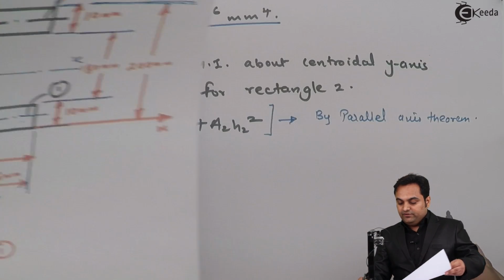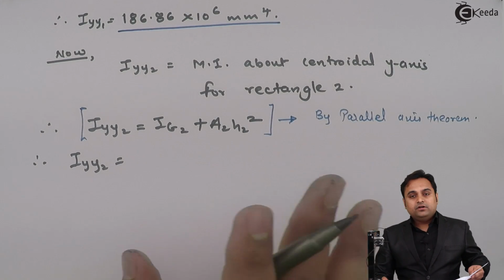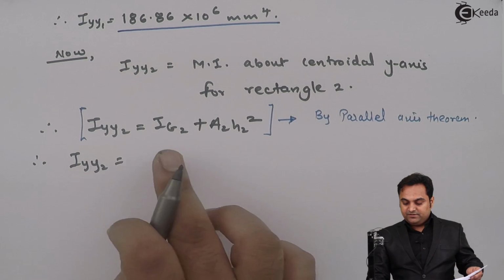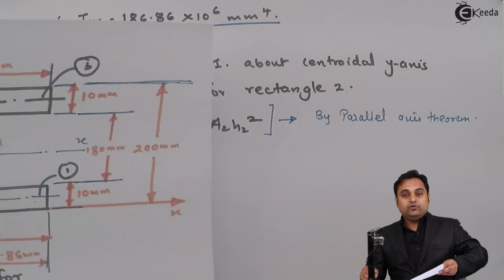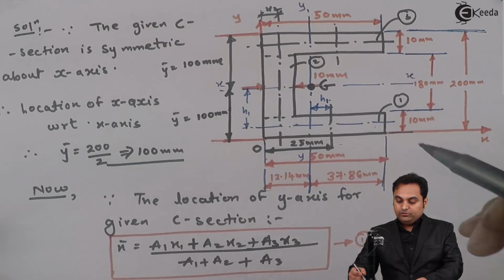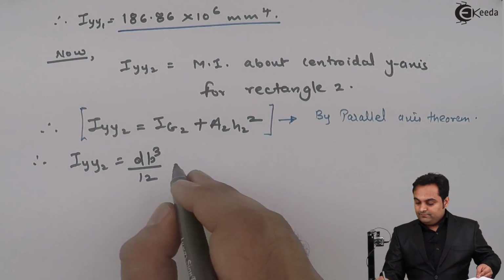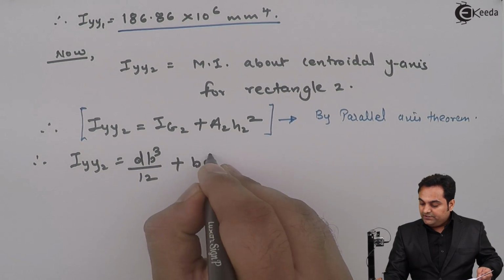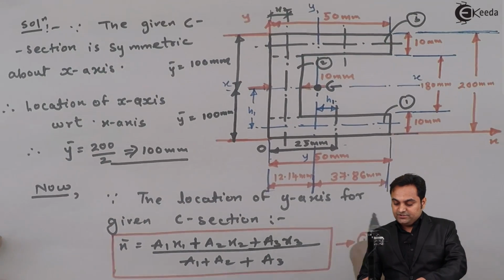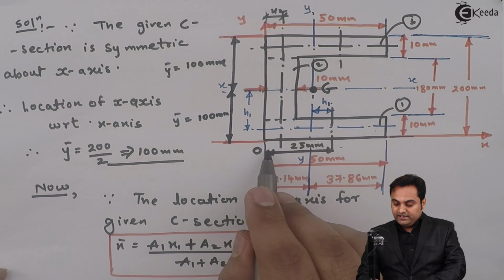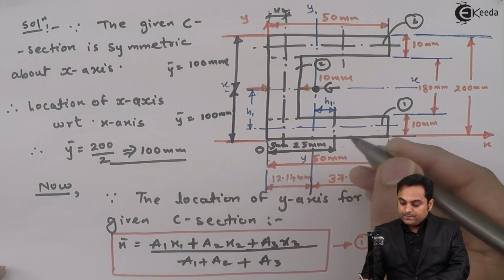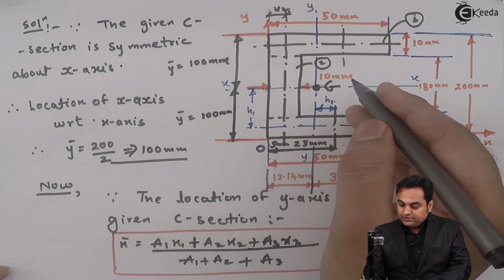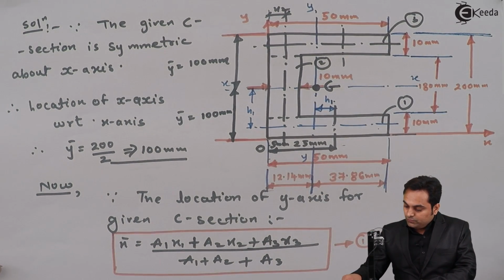Ig2 is db cube by 12, the MI for rectangle number second about its y-axis, plus area 2 which is b into d, and h2 is the distance between 12.14 and 5 mm. This is h2.